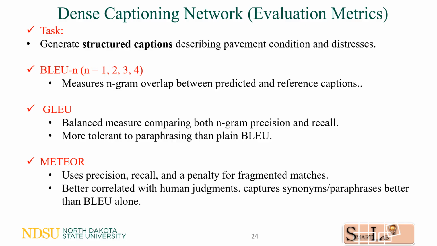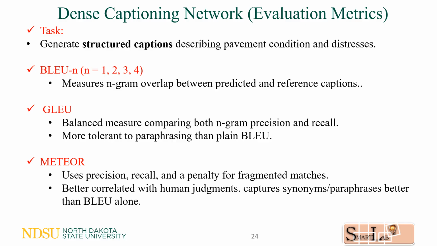These are the metrics for the dense captioning network. The goal is to generate structured captions describing the pavement condition and the distresses. So we use different metrics. We use the BLEU metric and we use the METEOR metric.